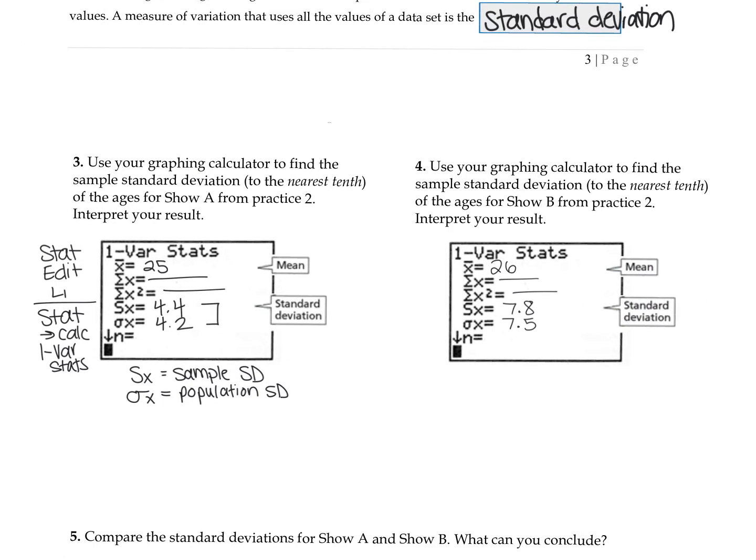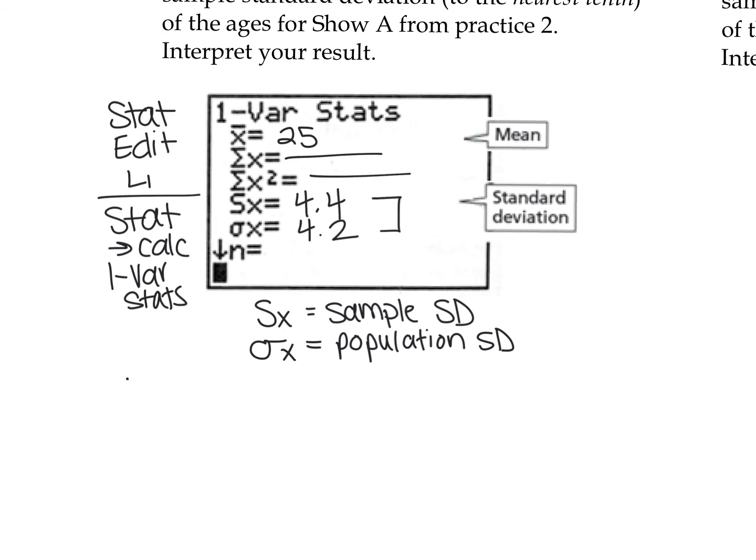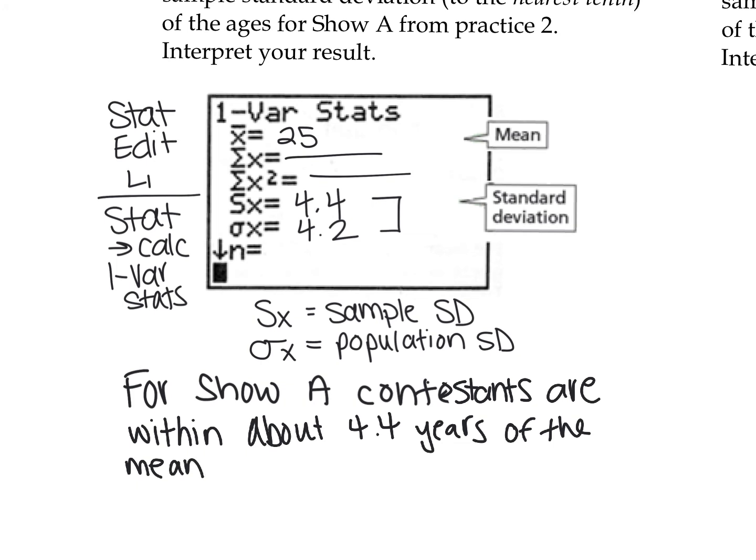So a couple things that we can interpret is that for show A, contestants, because that's what this is about, contestants are within about 4.4 years of the mean, which was 25 years.